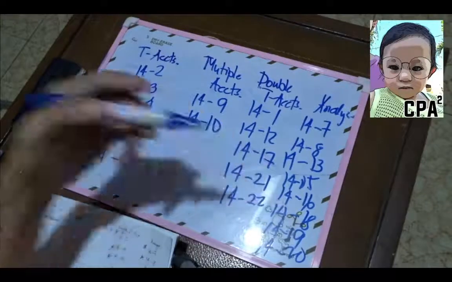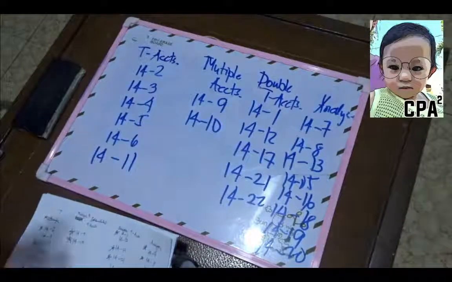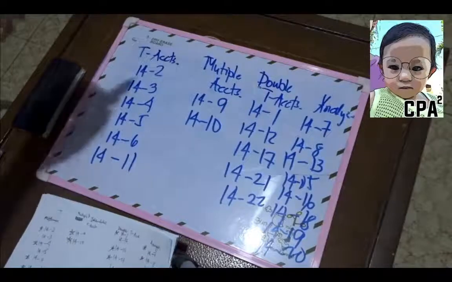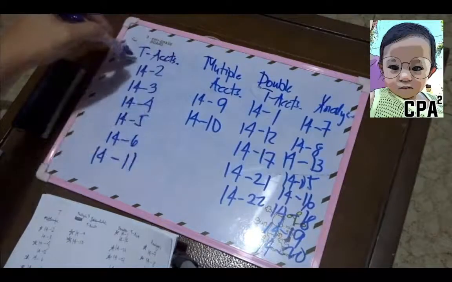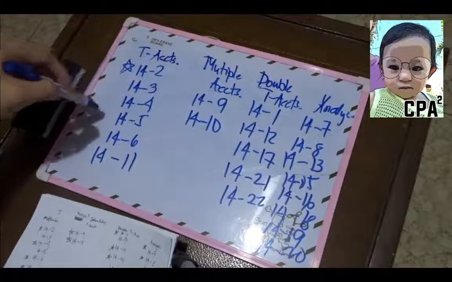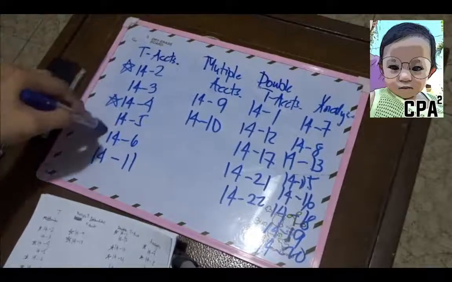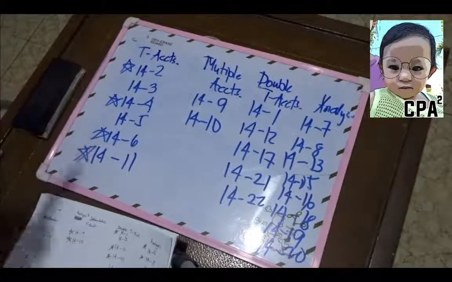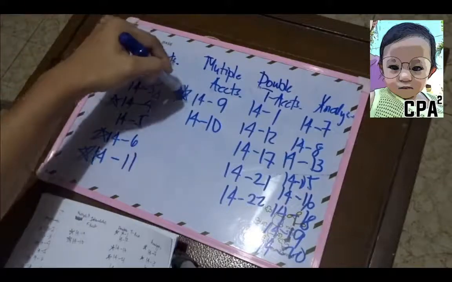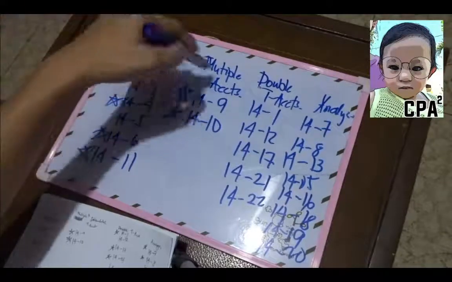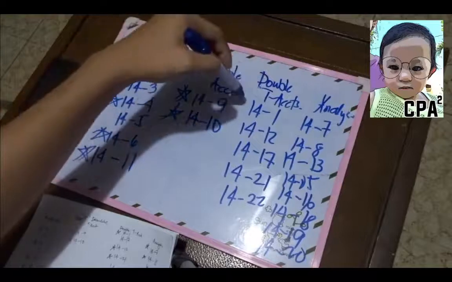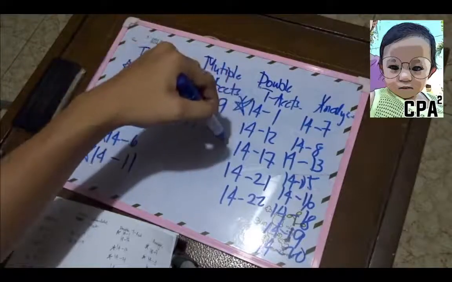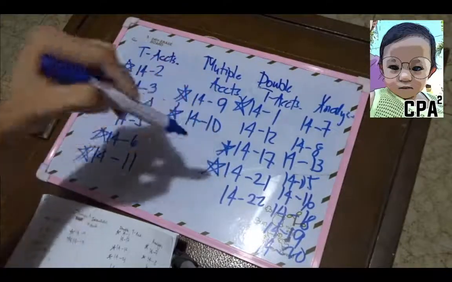We will not solve everything so that you have some problems that you can practice on. For the first classification, we will only answer 14-2, 14-4, 14-6, and 14-11. For multiple accounts, we will answer both. They are actually good problems. Double T accounts, we will have 14-1, 14-17, 14-21.